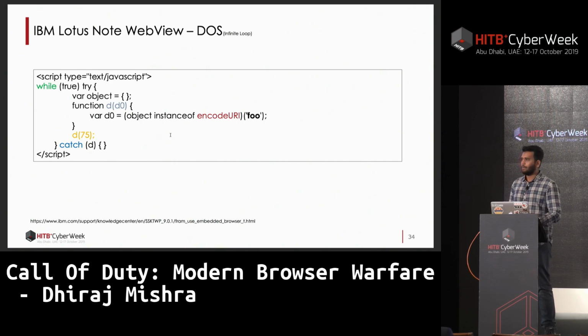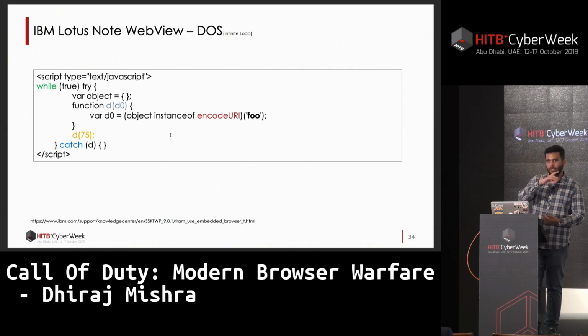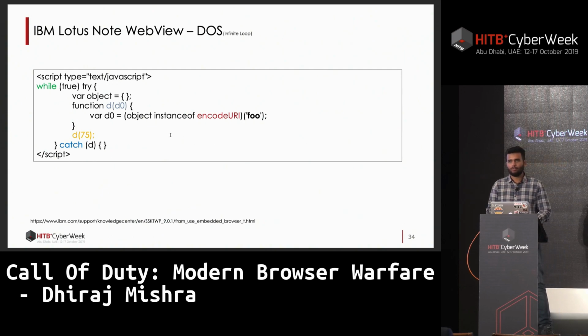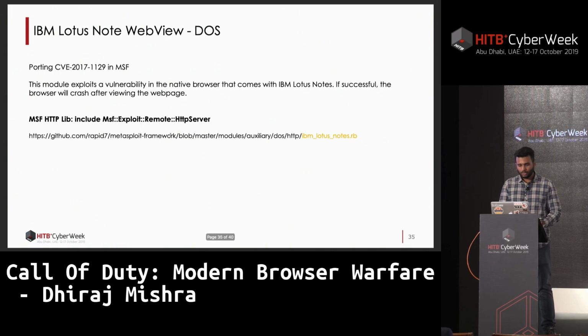Why did this happen? If you recall the very first or third slide, when we started, about the block called the rendering engine: when the rendering engine is not capable of handling such an infinite loop, it leads to a denial of service. In this case, the IBM Lotus Notes WebView's rendering engine was not capable of rendering the infinite loop, and that causes the hang and leads to a denial of service.